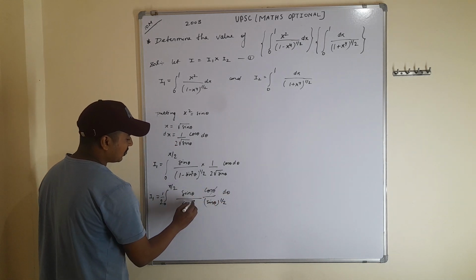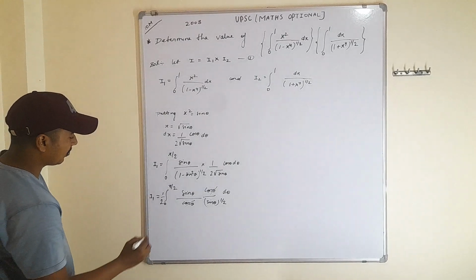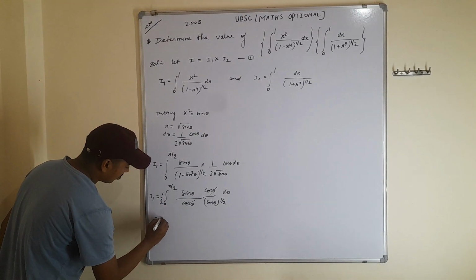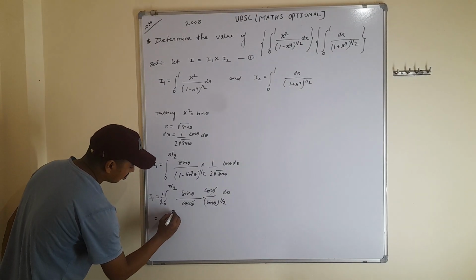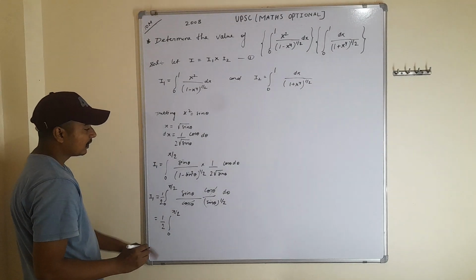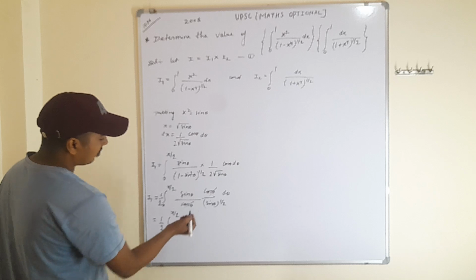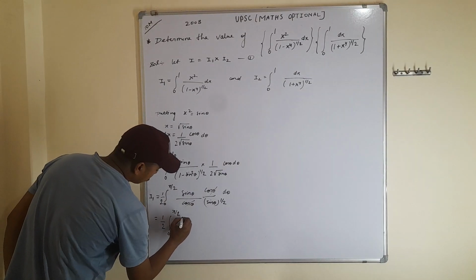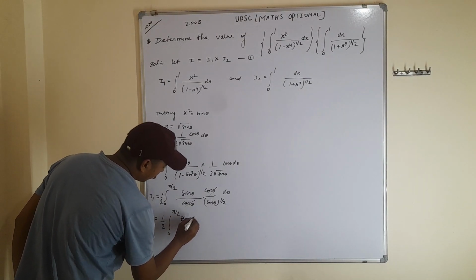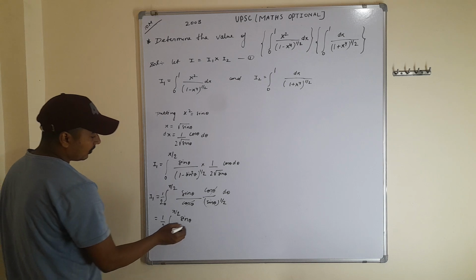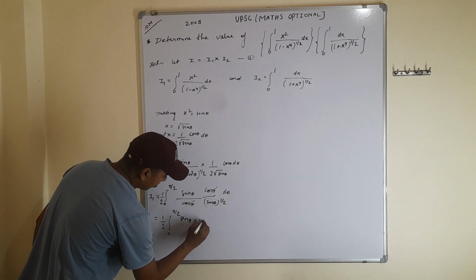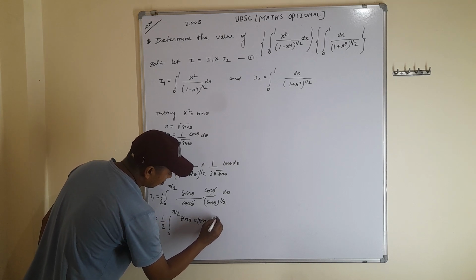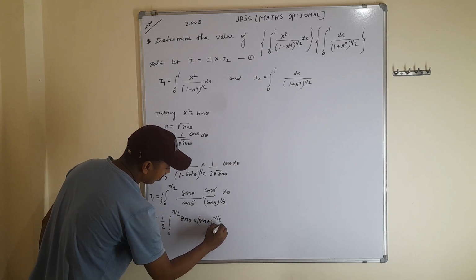From here, cos theta cancels with cos theta, then 1 by 2, integration 0 to pi by 2, sin theta upon sin theta to the power 1 by 2. Taking the denominator to the numerator, sin theta to the power minus 1 by 2 d theta.